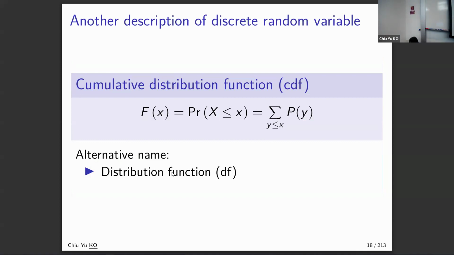Now the next is another way to describe it, which we call the CDF, and you will wonder why we do this. This involves some adding. The CDF, the cumulative distribution function, big F, is the probability that X is less than or equal to x.